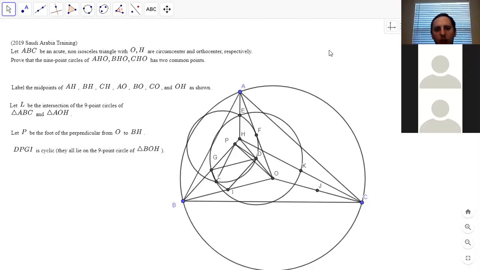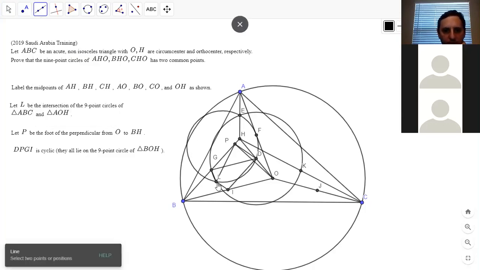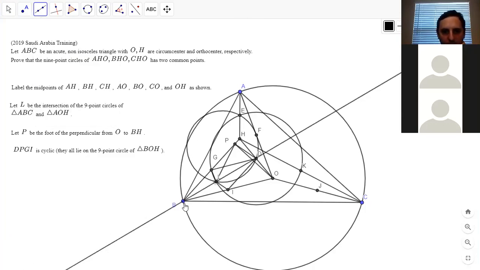Can we show... let me check point L. Is there anything else that's special about it?